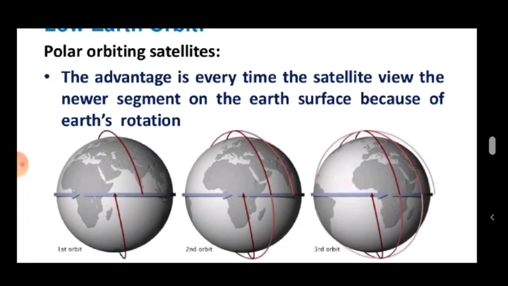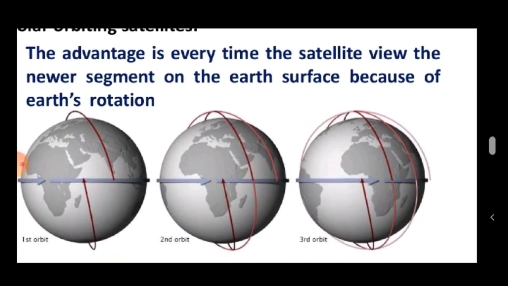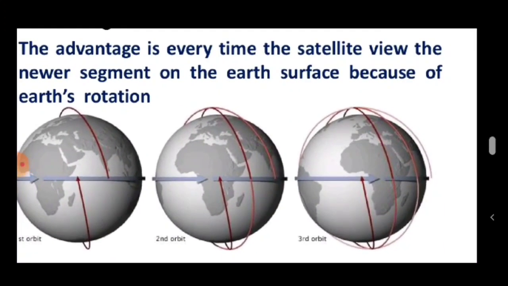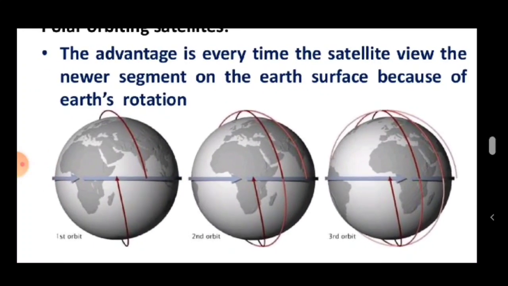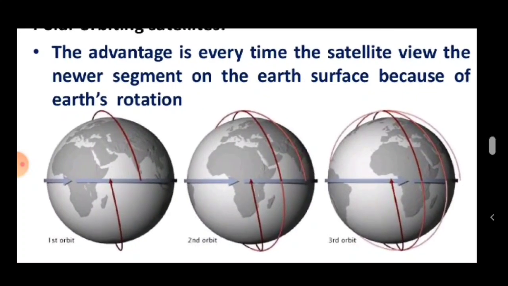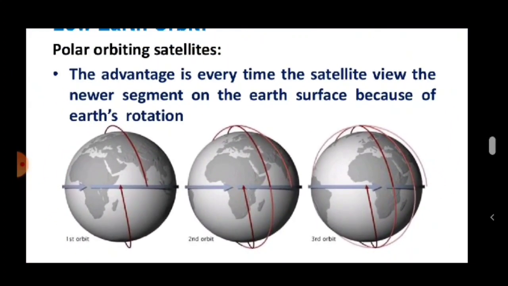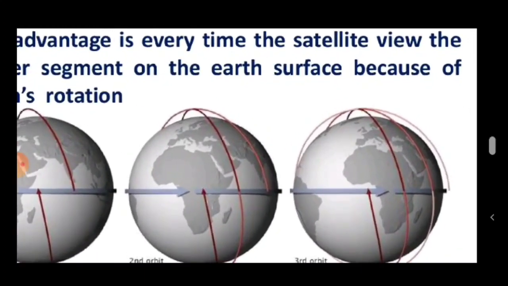First orbit like this, second orbit like this, third orbit like this. Each time a newer segment comes into view. That's one of the key advantages of polar orbiting satellites: you can always have a fresher look at the surface.